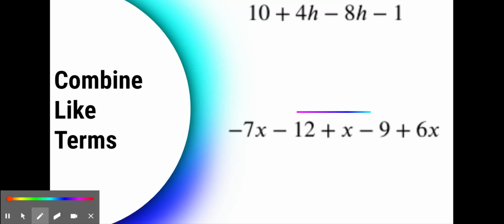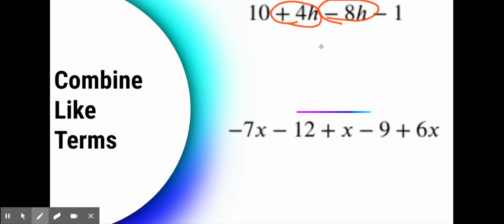So let's look at my variables first here. I have a positive 4h and a negative 8h. Okay, notice I circled the sign in front. That is what you use to know what kind of operation and how to handle the two numbers. So I have 4h minus 8h, which is a negative 4h.